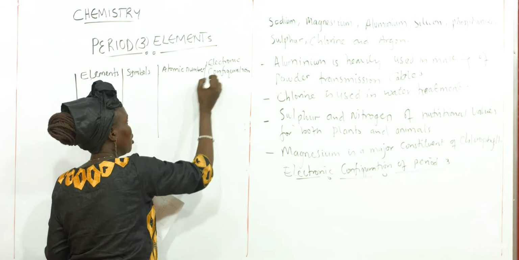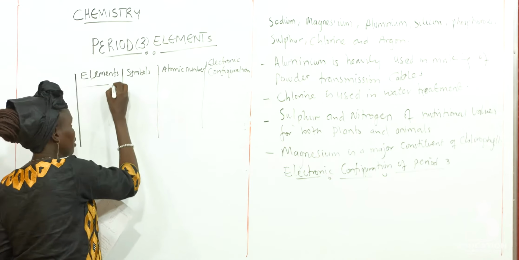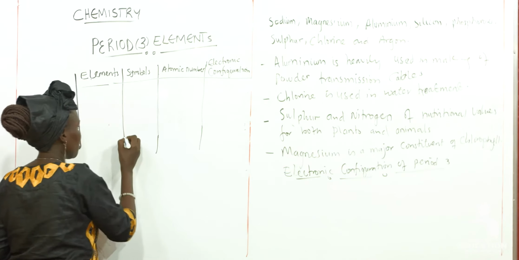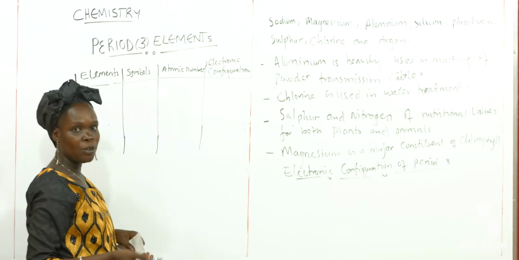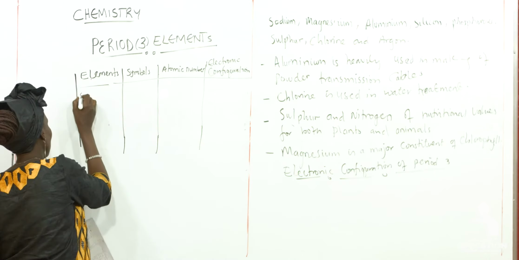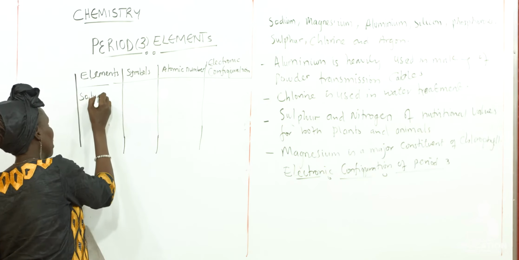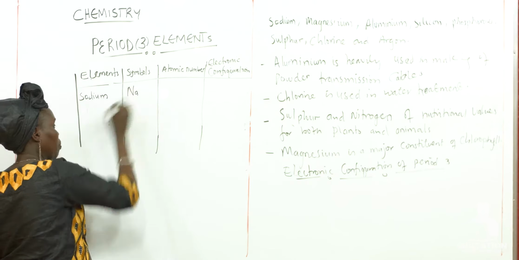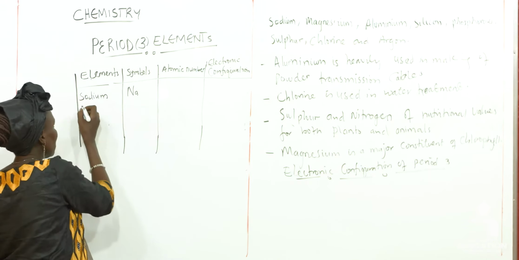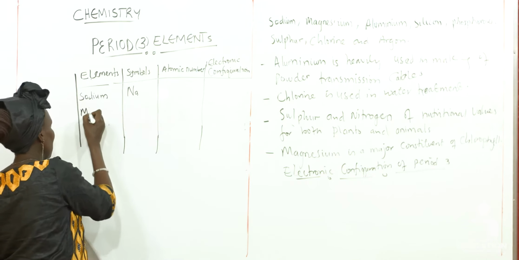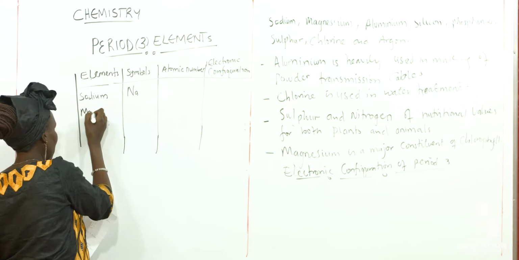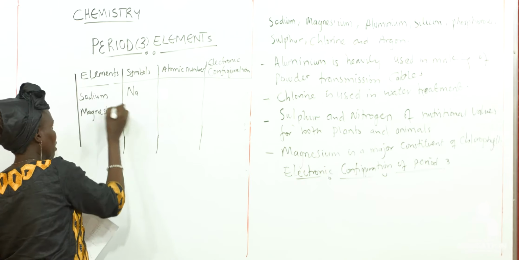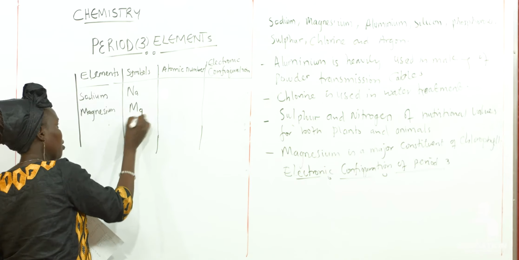This is where the distribution of the electrons is. So the first element is sodium, and its symbol is Na. The second element is magnesium, which has the symbol Mg.